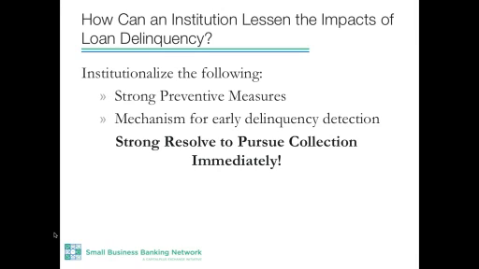Secondly, we have to put in place a strong mechanism for early detection in case 1 or 2 of our loan officers get hit by delinquency problems. It is critical for management to have tools and mechanisms to detect the very, very small signs of the delinquency problem as soon as possible.